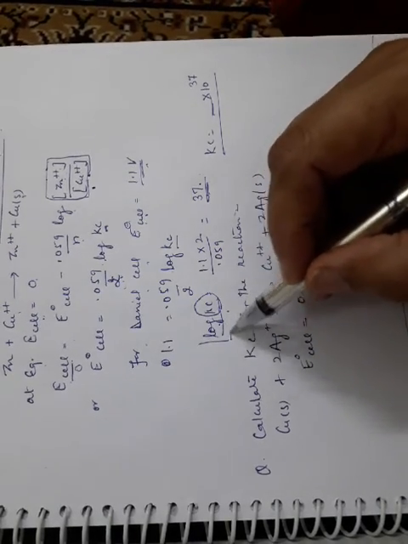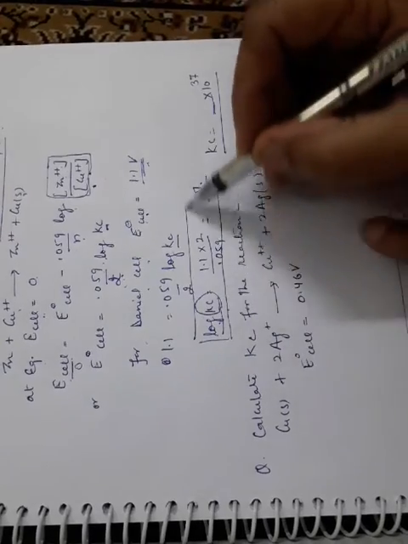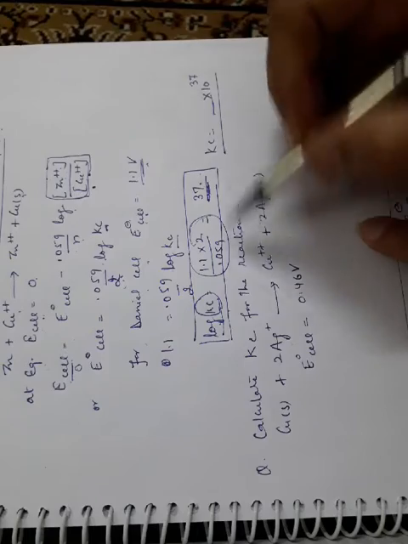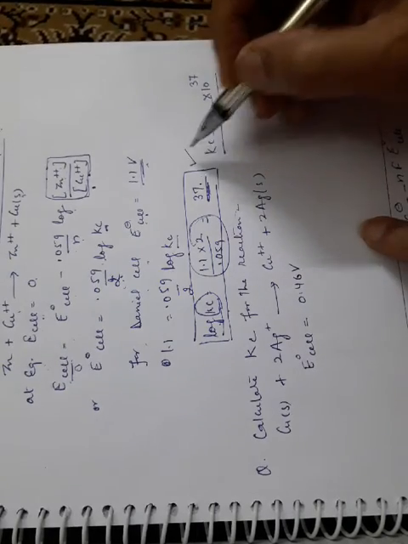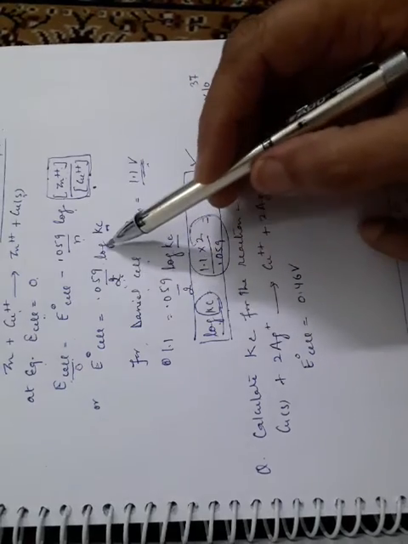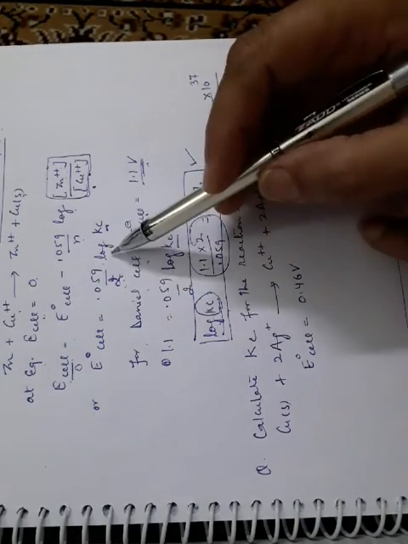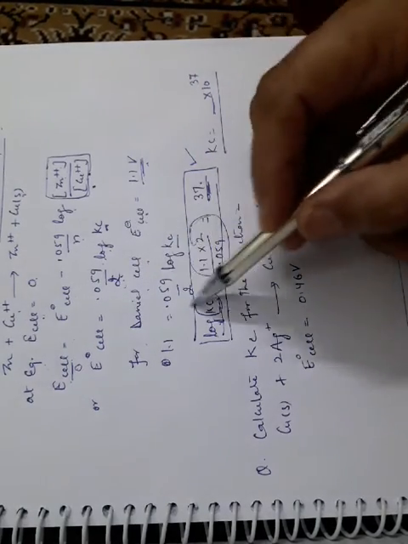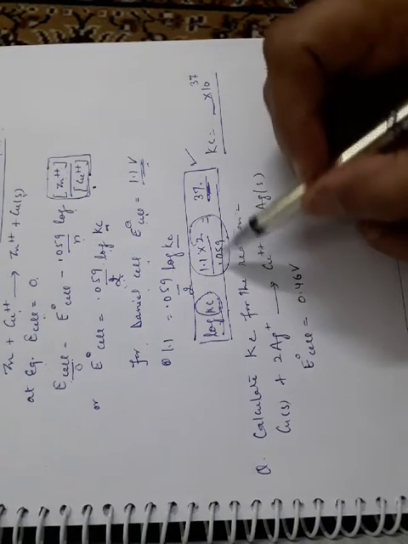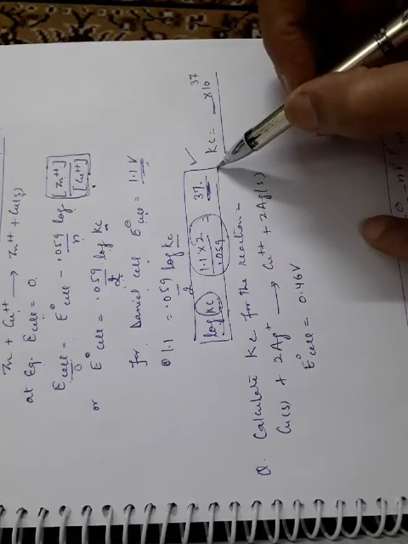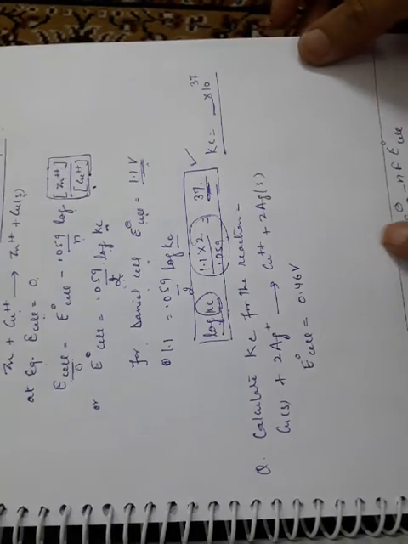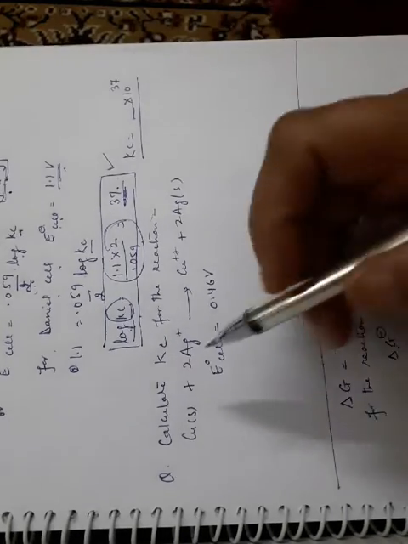You can leave your answer as log Kc equals whatever you get out of this calculation, so that marks are not deducted and you are given full marks. If the rest of the steps, substituting the values in the formula, solving the rest of the terms, bringing it to the minimum, are all correct, you are given full marks. Marks are not deducted.